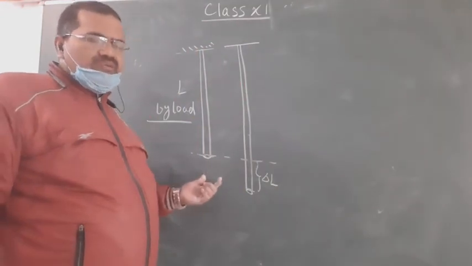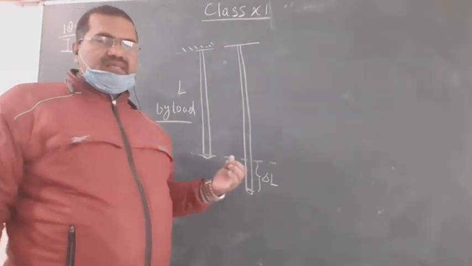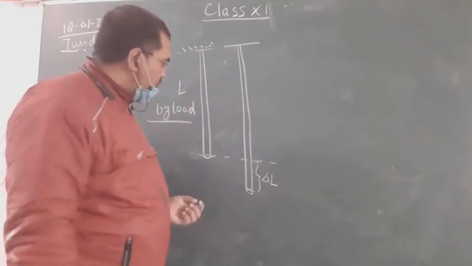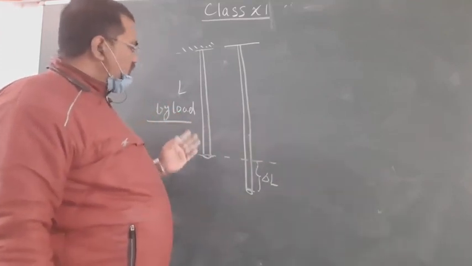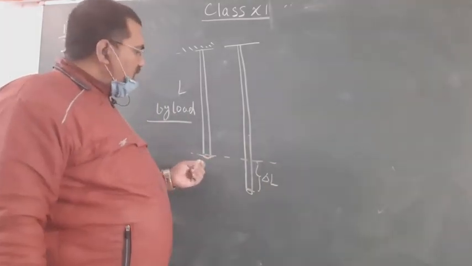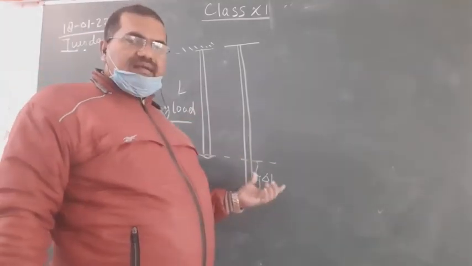We have already told you what a deforming force is: it can change the configuration of the body. So a wire of length L is loaded by some load, and its length is increased by delta L.